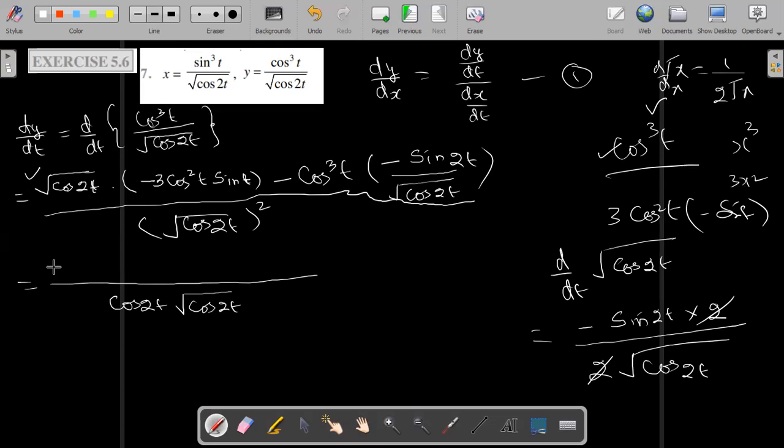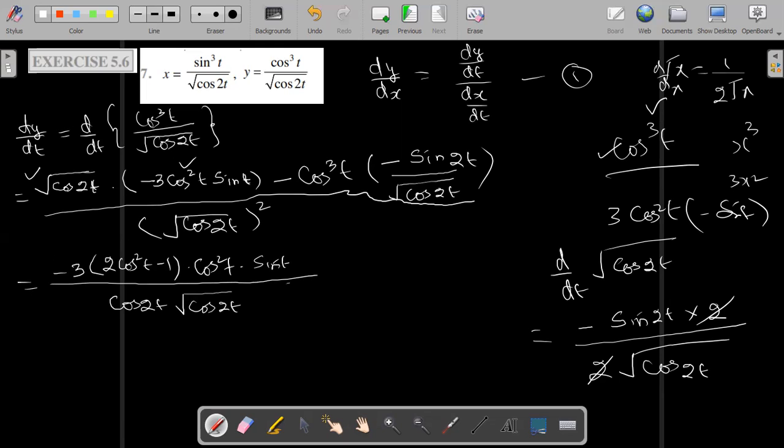And here you have minus 3 cos 2t. This cos 2t can be converted into cos square: cos 2 theta is equal to cos square t minus 1. And this cos square t is as it is, cos square t into sin t.